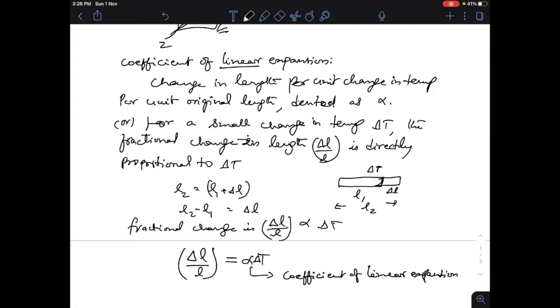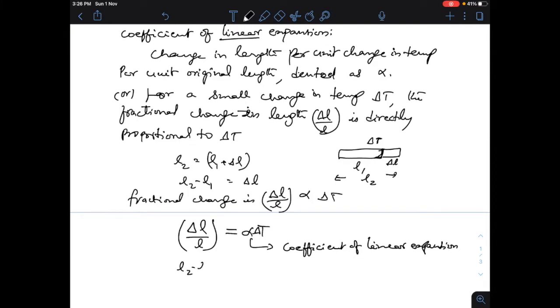Or according to this definition, the change in length, delta L, which is L2 minus L1, per unit change in temperature.